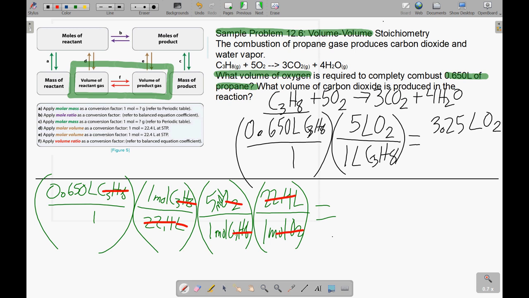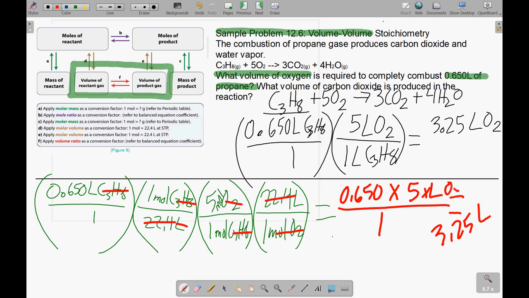And so what we're left with is 0.65 times 5 times 1 liter, and all of that's divided by 1. So really what we have is 0.65 liters of propane times 5 liters of oxygen over 1 liter of C3H8. Either way, we get 3.25 liters of oxygen. So these are equivalent methods of solving it given the information in this problem.